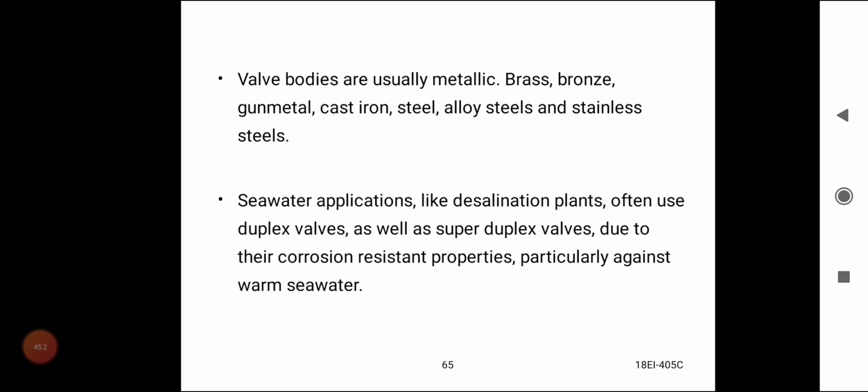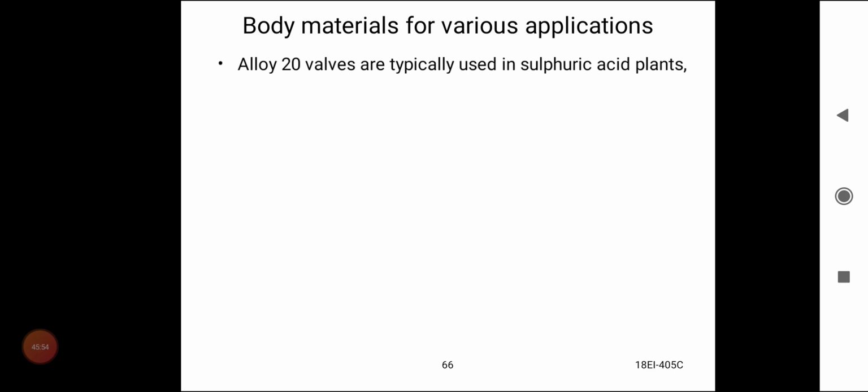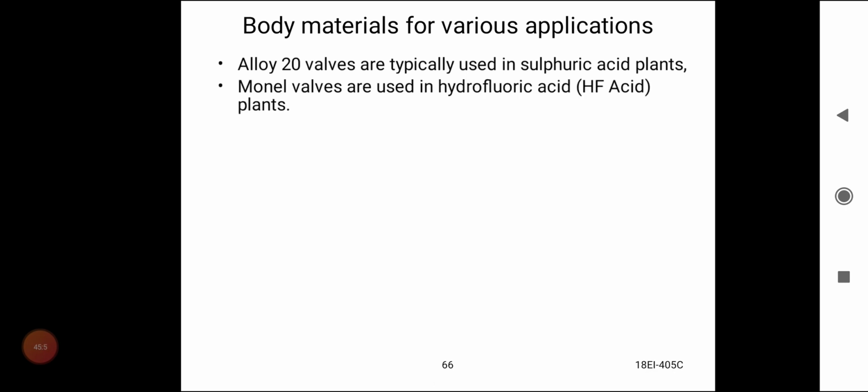Seawater applications like desalination plants often use duplex valves as well as super duplex valves due to their corrosion resistant properties, particularly against warm seawater. Body materials for various applications: Alloy 20 valves are typically used in sulfuric acid plants.